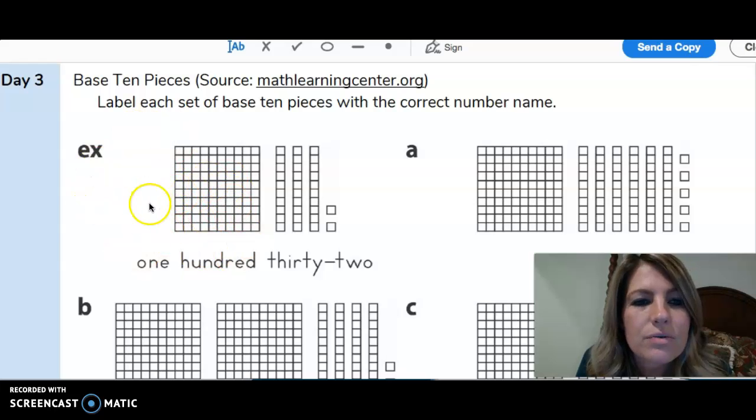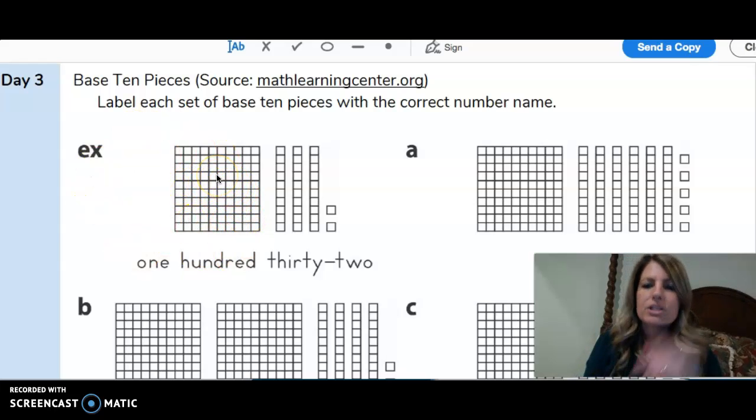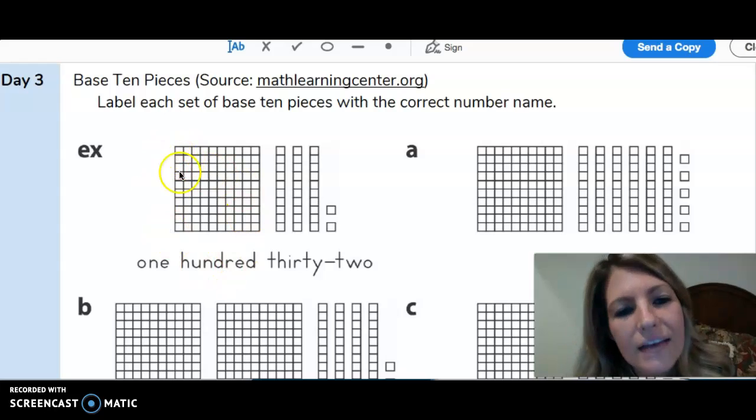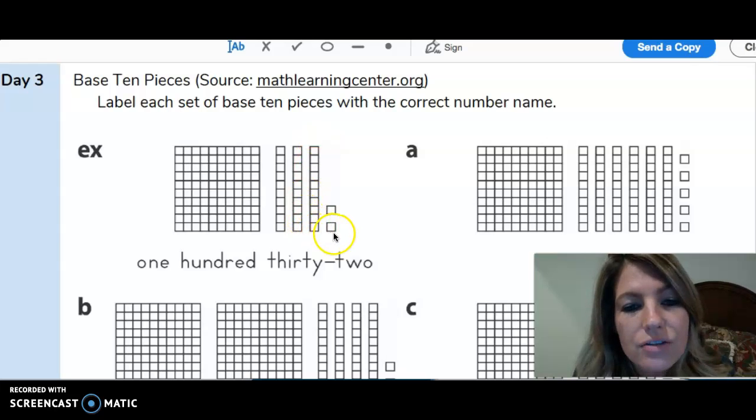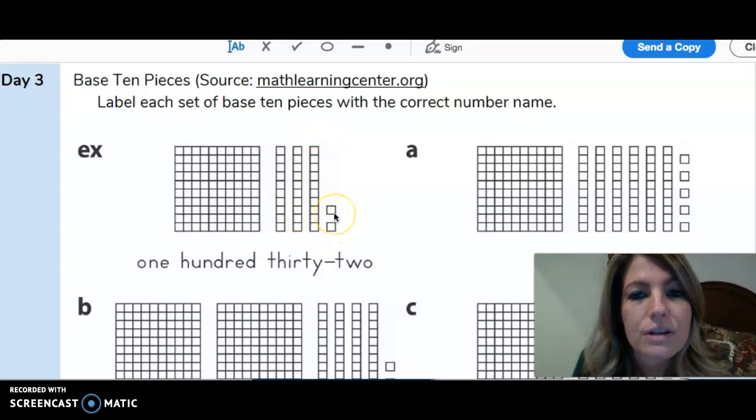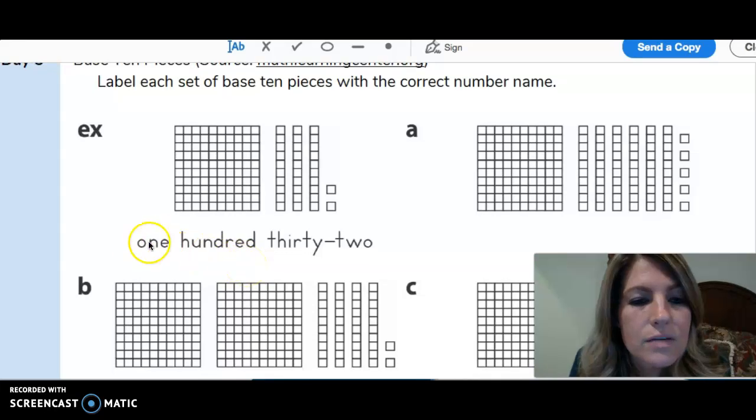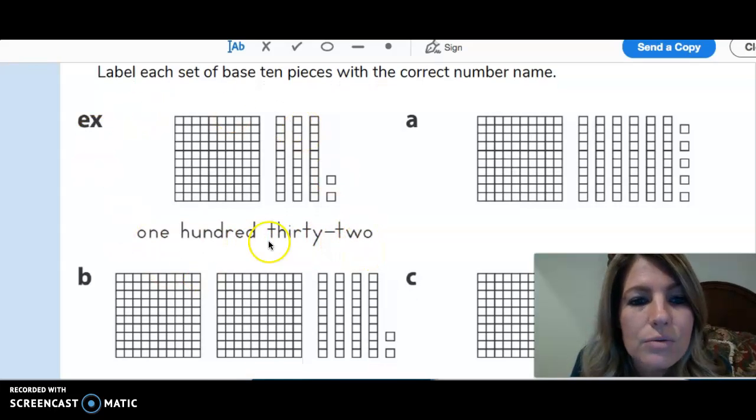So if I were to count this to see how much I have here, I'd have 100, 110, 120, 130, 131, 132. So that's why you see underneath our base 10 cubes, you see 132. Okay, that's the value that we see with our cubes.